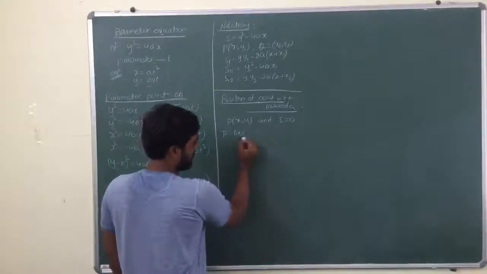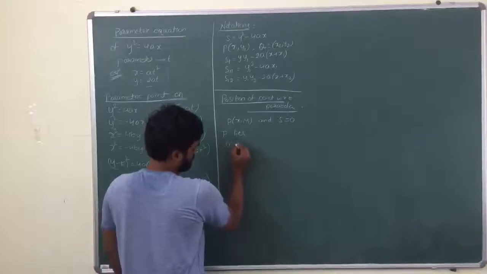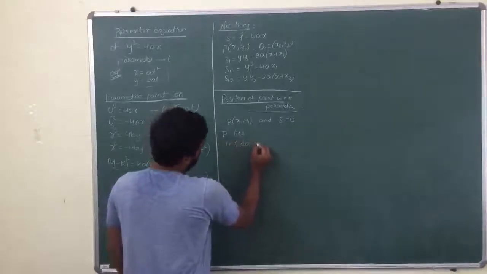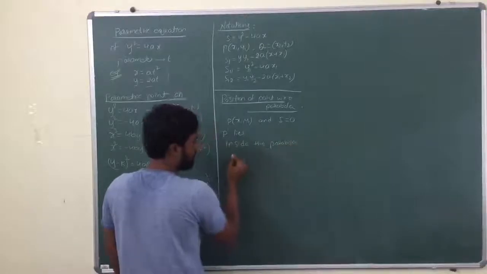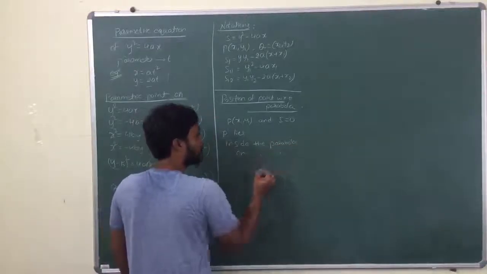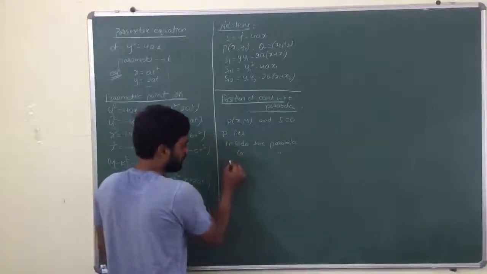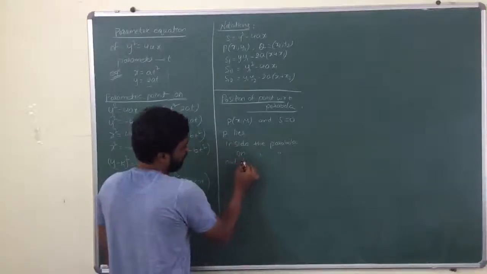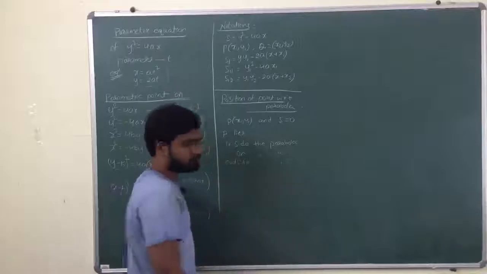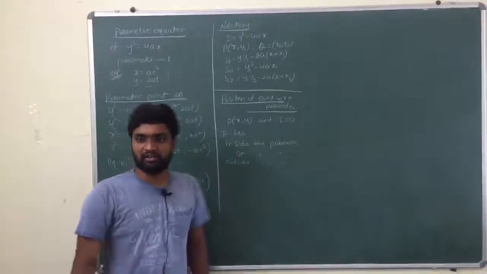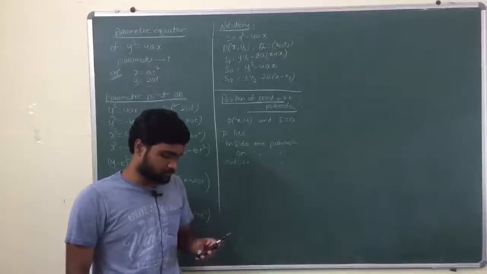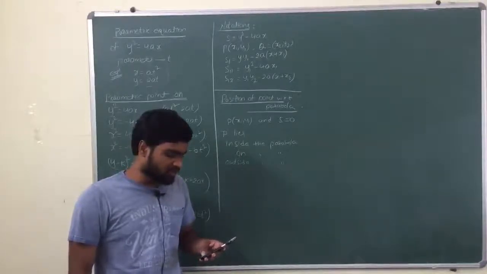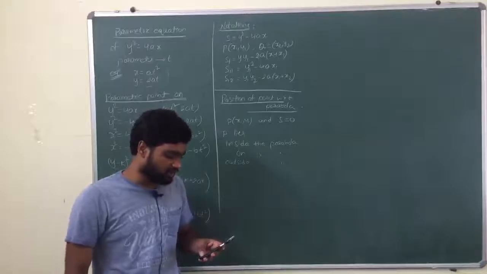Point P lies inside the parabola, on the parabola, or outside the parabola. This is also similar to circles only. How do we decide for circles whether the point is inside the circle, on the circle or outside the circle?